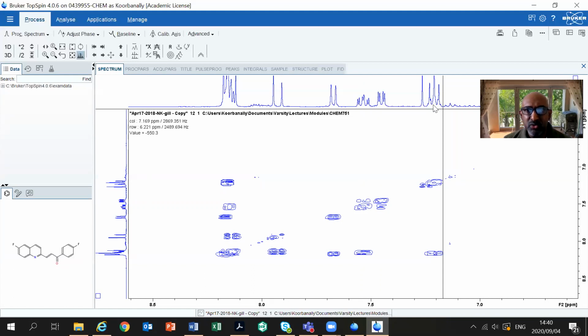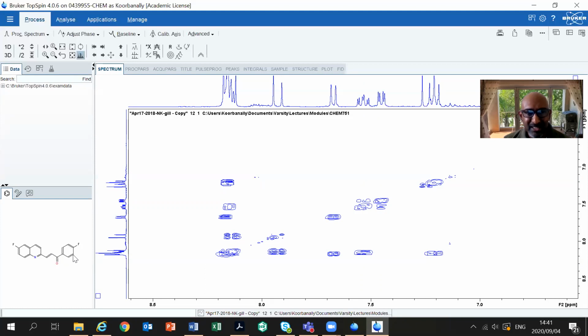And that's why I'm getting a pseudo triplet appearing here. So that pseudo triplet appears because of coupling to the fluorine and coupling to these ortho protons that you see in this region. All right? So it's a double doublet again, but appearing as a pseudo triplet, coupling to the fluorine and coupling to the hydrogen. So I've identified these two protons here.